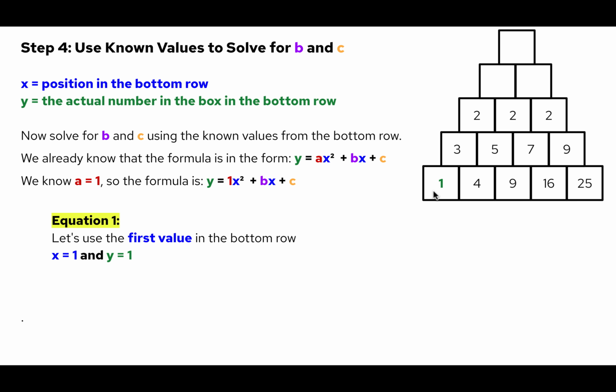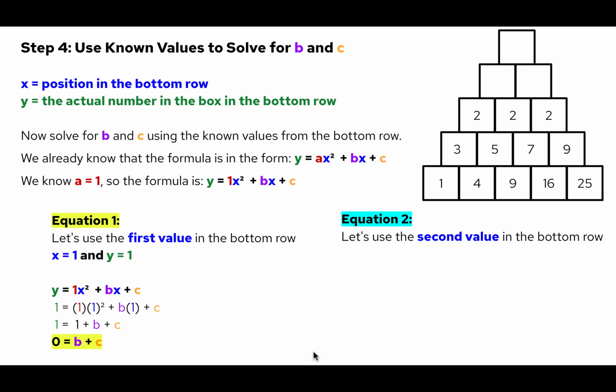Here is my formula, and since it's the first value, I can replace the x with 1. And since the value is also 1, I can replace the y with 1. And now all I need to do is simplify. And when I simplify, I end up with 0 equals b plus c, because 1 plus b plus c, if I subtract 1 from each side, I end up with 0.